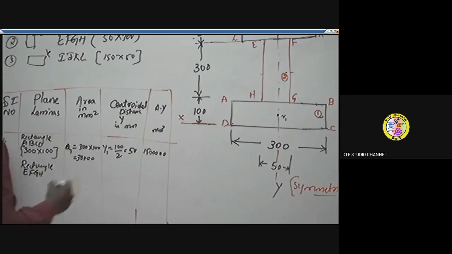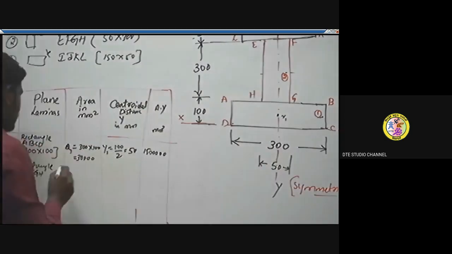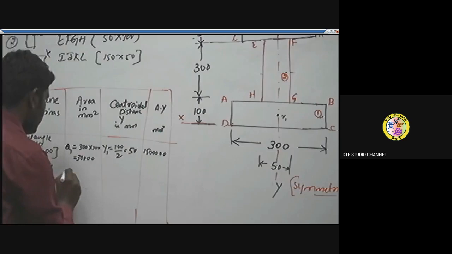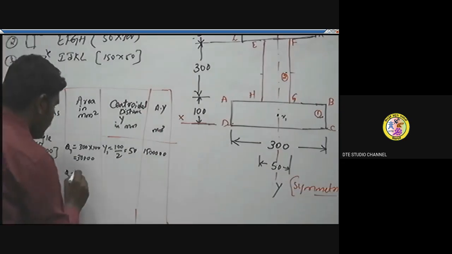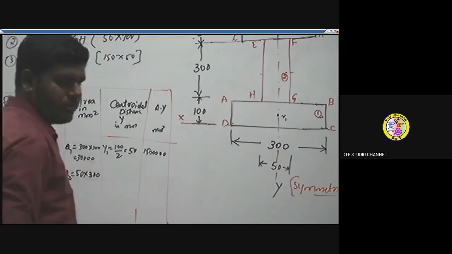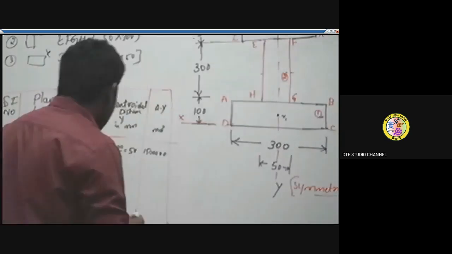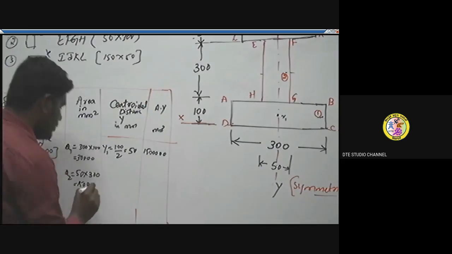Our cross sections are given: the length is 50 and breadth is 300, so 50 cross 300. The area of this web, A2, is given by length into breadth, the formula of a rectangle. That is 50 into 300, so you get 15,000 millimeters square.